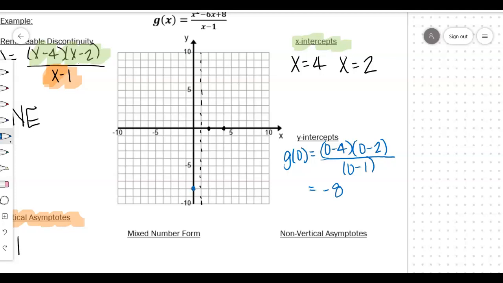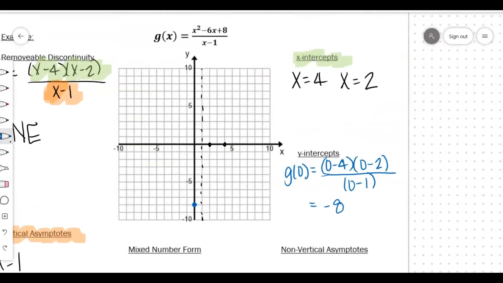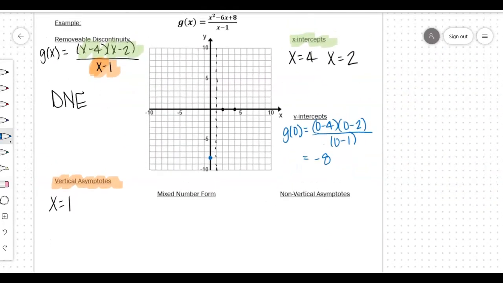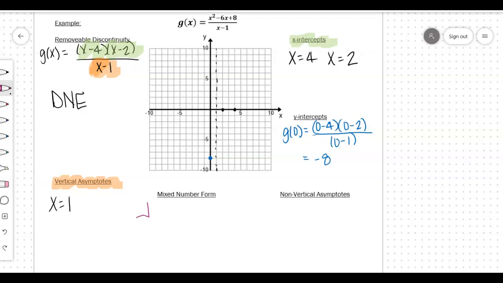So there's our y-intercept. And then last, we need to write this into mixed number form so we can get our non-vertical asymptotes. Since we are dividing by x minus 1, we can use synthetic division here. We have a 1. Our coefficients are 1, negative 6, and 8. Bring down the 1, multiply by 1, add to the negative 6 to get a negative 5.